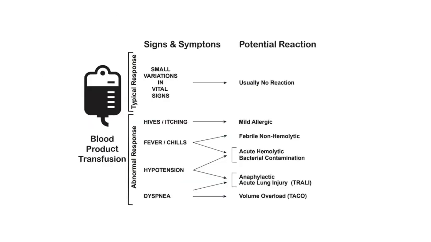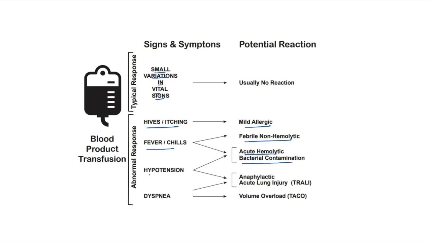This picture shows the various transfusion reactions. In case of normal transfusions, there will be small variations in vital signs. When there is hives or itching, it indicates mild allergic reaction. When there is fever or chills, it indicates febrile non-hemolytic reaction or acute hemolytic reaction or bacterial contamination.